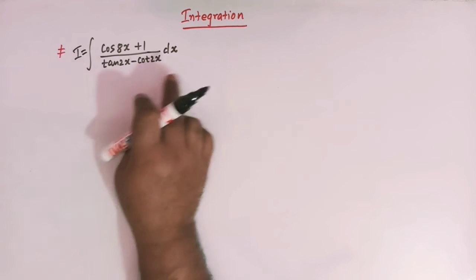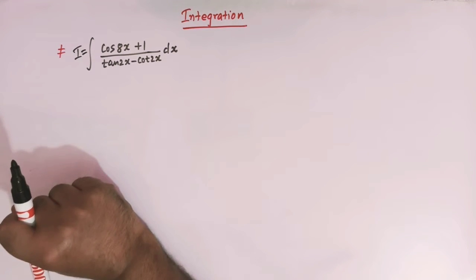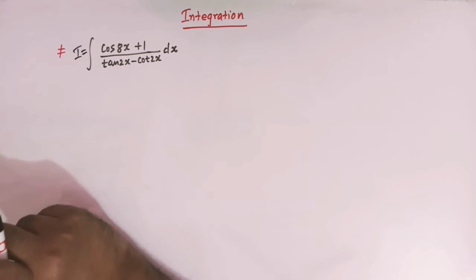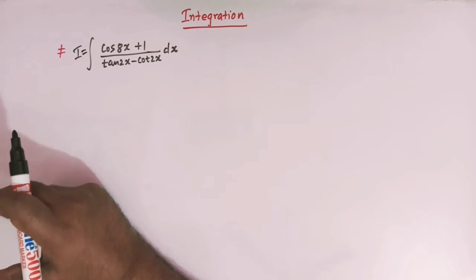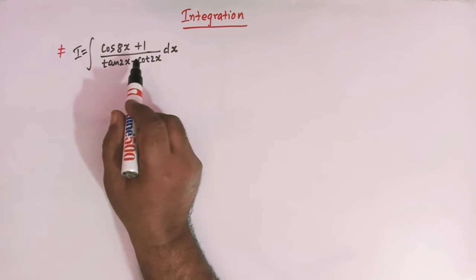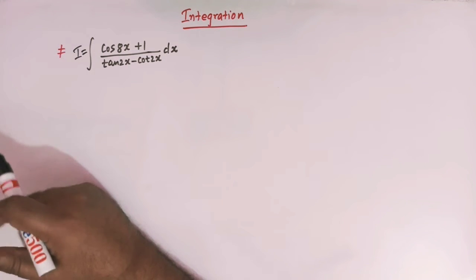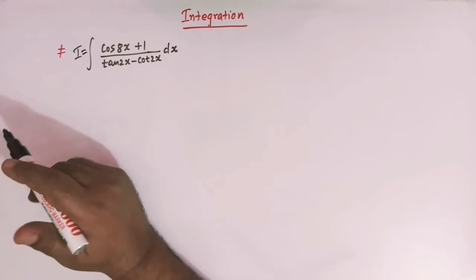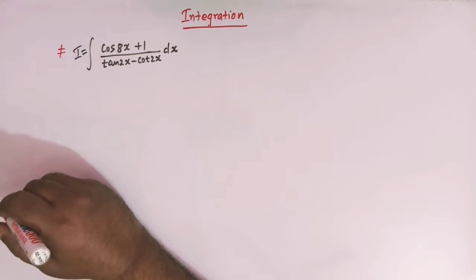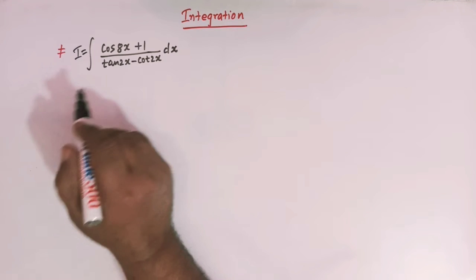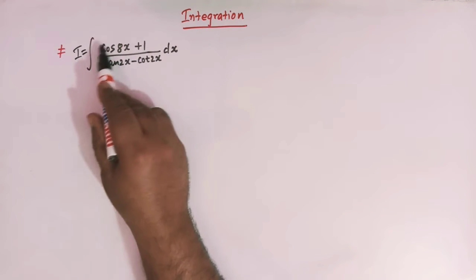Now in order to solve these types of problems in which the integrand involves trigonometric functions, we should go for the important identities. So here again we'll make use of some important trigonometric identities in order to integrate this function.